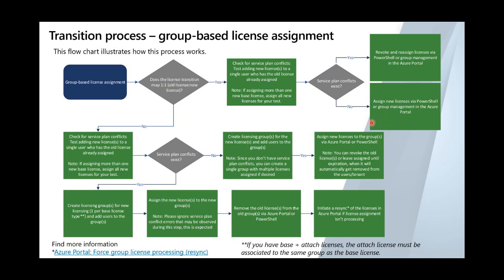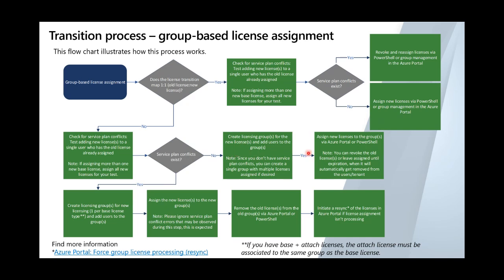If the license transition doesn't have a one-to-one mapping, coming back up here, you would follow this no path. And again, first test to see if you have any service plan conflicts that exist when assigning both the current license and your new license. If there aren't any service plan conflicts, then you'd move to the step on the right where you'd create a new group or set of groups for the licenses that you're transitioning to, and then add the appropriate users to those groups.